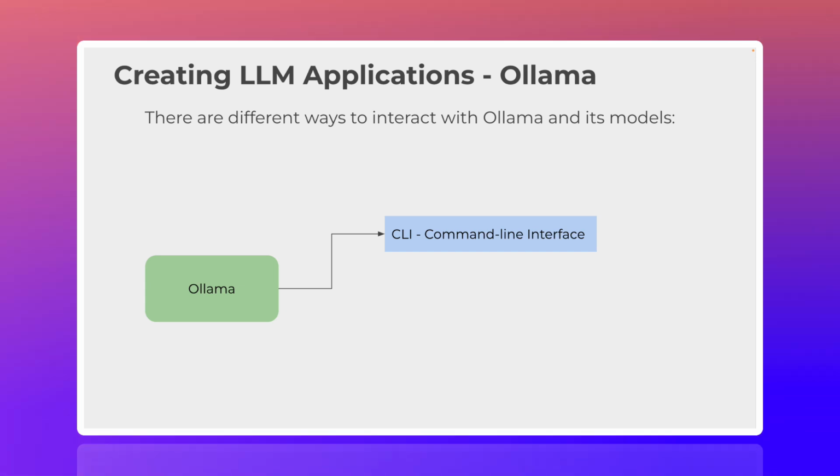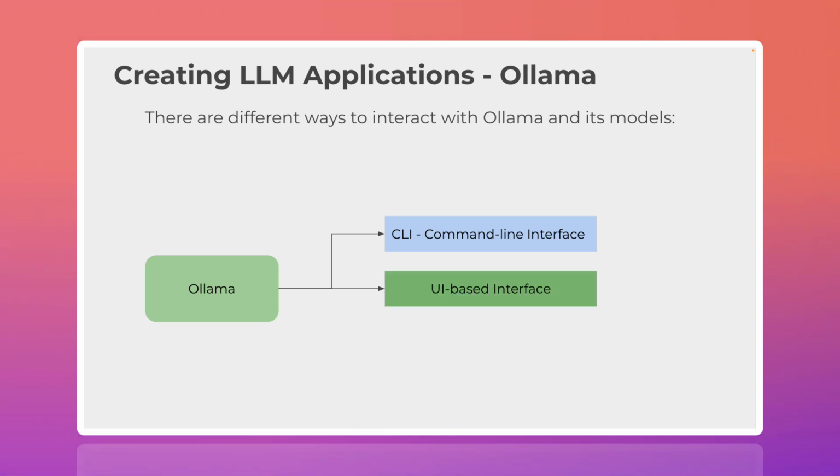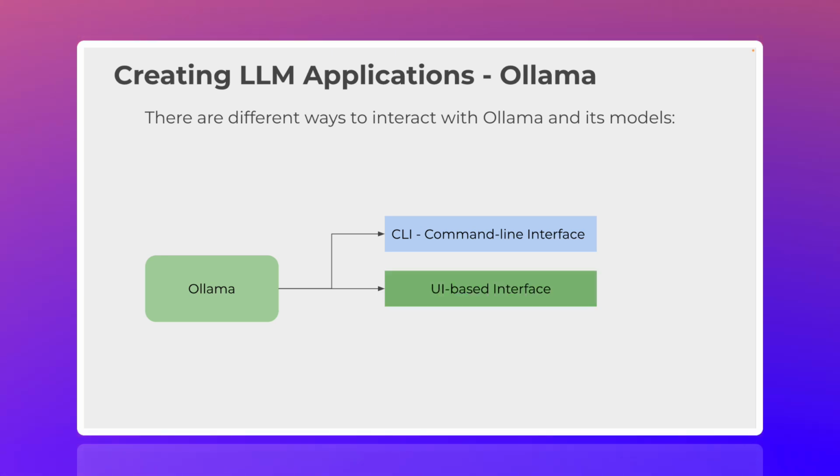So it's easy, straightforward, and that's what we've been looking into. And then the second way would be to use a UI-based interface, which we're going to look into next. So essentially, have a user interface where the back end we can apply an Ollama model, and then we have a nice user interface that users or yourself can use to interact with the model.